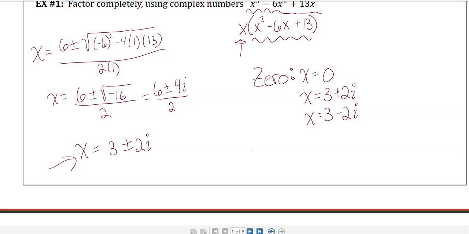And what you do with these to apply the fundamental theorem of algebra is we're going to put it in its factored form. And the factored form basically just takes this and puts it into a binomial. So you're going to get x minus, this is where you have to be a little bit careful, the quantity 3 plus 2i.